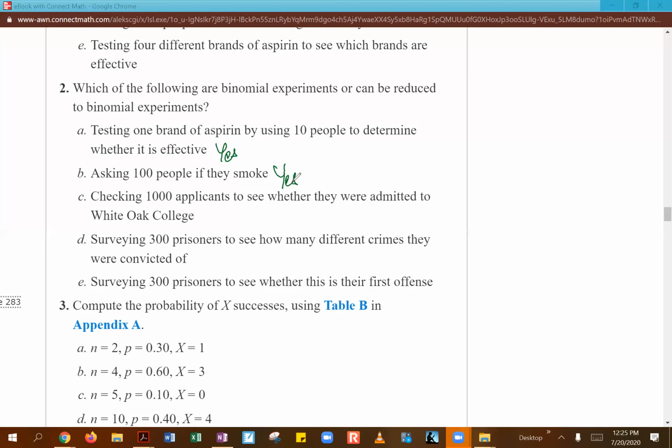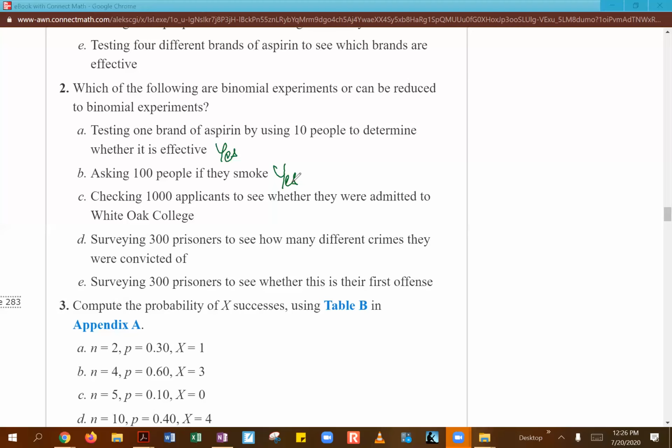Checking 1,000 applicants to see whether they are admitted to White Oak College. Jesus, you're saying yes. Alexander also. Okay, so 1,000 applicants, that's our fixed number of trials.